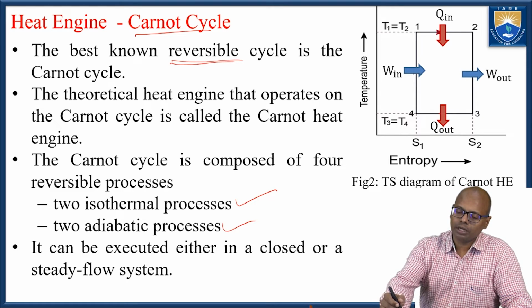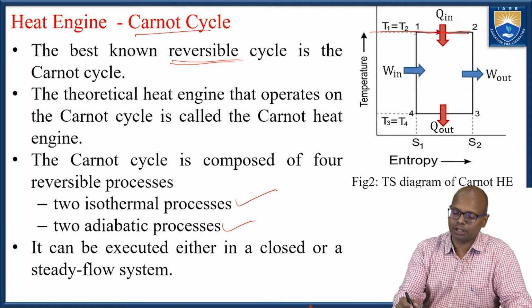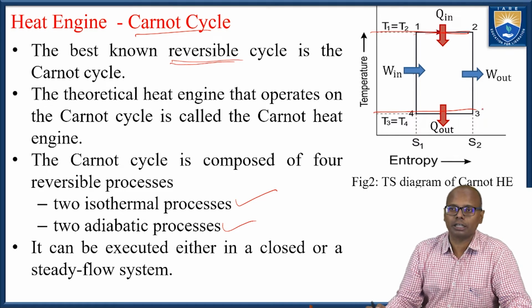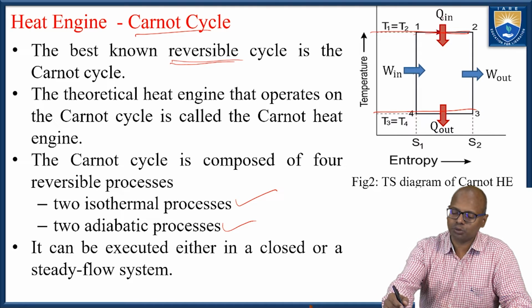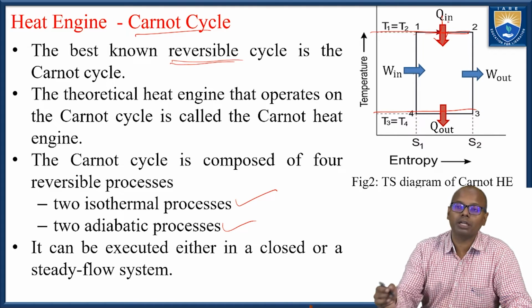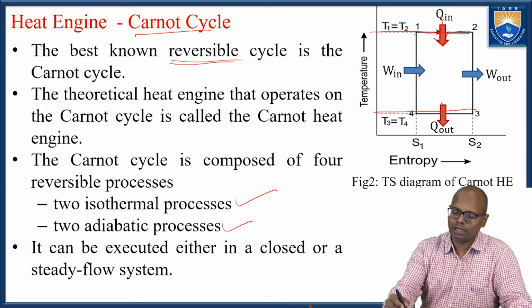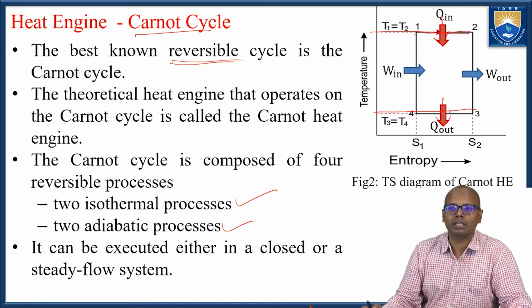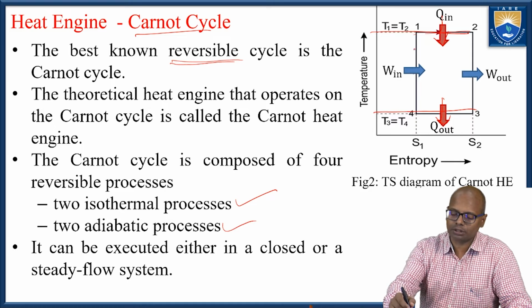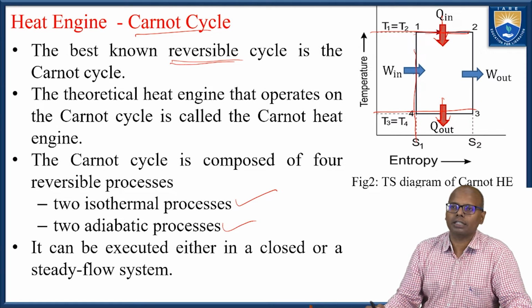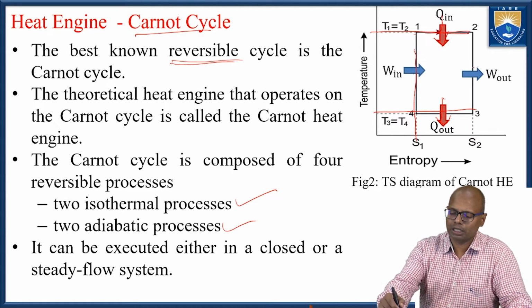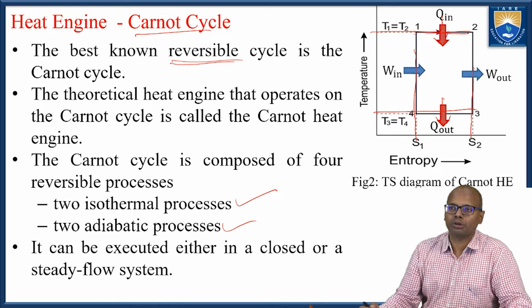So this is a constant temperature process and this is a constant temperature process. During this process, it is taking heat from a high temperature reservoir, and during this process, it is giving heat to a low temperature reservoir. Now this is a constant entropy process and this is a constant entropy process.